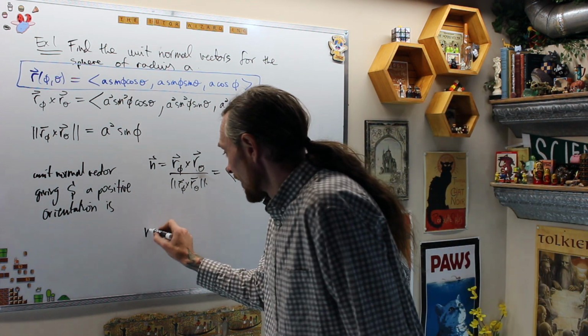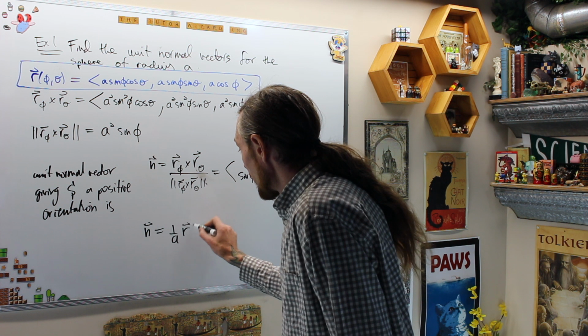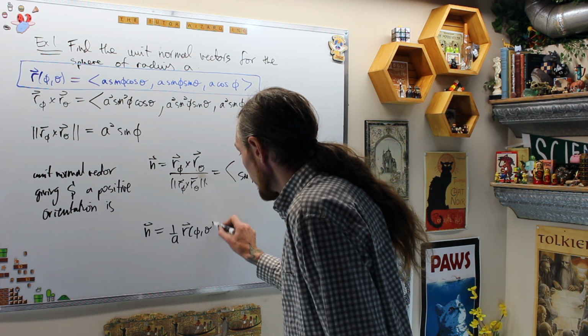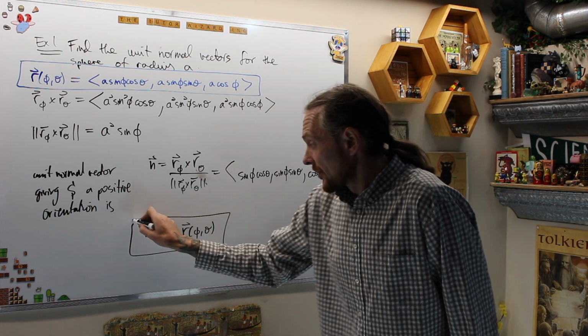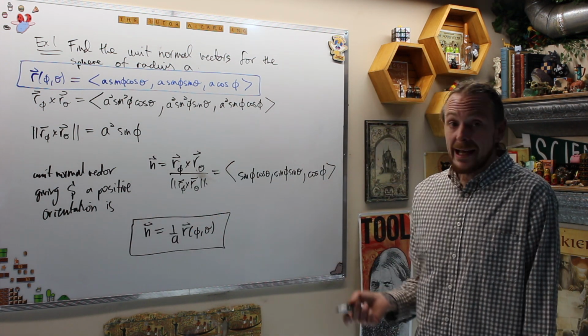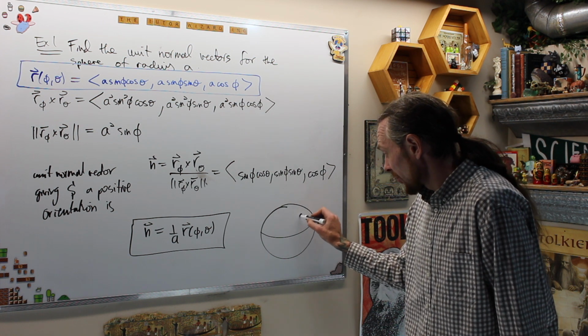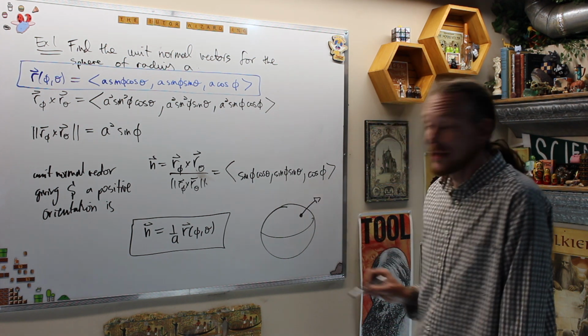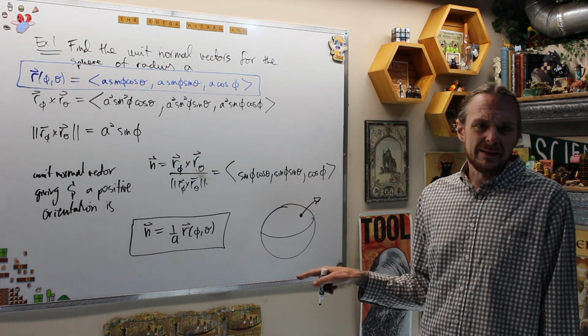Notice that that means that n is equal to 1 over a times r of phi, theta, the original parameterization. This gives us our orientation of the surface S. We had surface S, which was a sphere. At any point now, it's going to give us the unit normal vector, and it's just a closed surface.